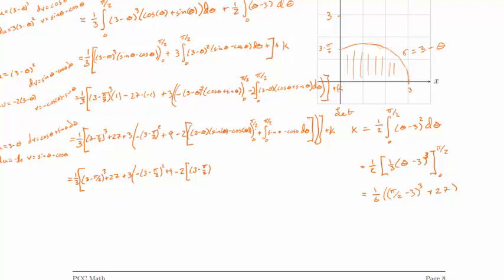Sine of pi over 2 is 1, minus cosine of pi over 2 is 0, so that's just a 1. Minus 3, when I plug in a 0, sine of 0 is 0, cosine of 0 is 1, so it makes a negative 1, becomes a plus 3, plus, finally, negative cosine of theta, and then minus sine of theta, evaluated from 0 to pi over 2, close brackets, close parentheses, close brackets, plus k. We're just about there.